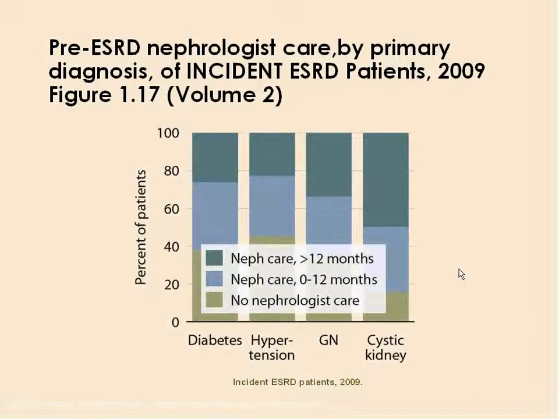Now, only a small percent of patients, no more than 20%, shown in these dark blue bars, who enter dialysis because of diabetes or because of hypertension, receive pre-ESRD care by a nephrologist for 12 months prior to initiation of dialysis, whereas a larger percent of patients with glomerulonephritis or cystic kidney disease do receive pre-ESRD nephrology care, nearly 50%.